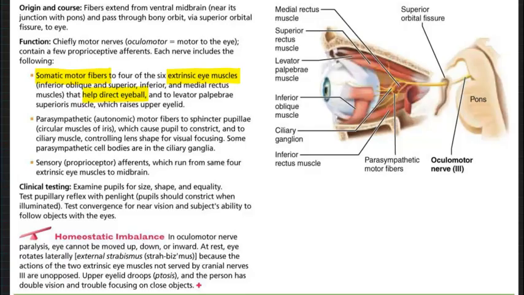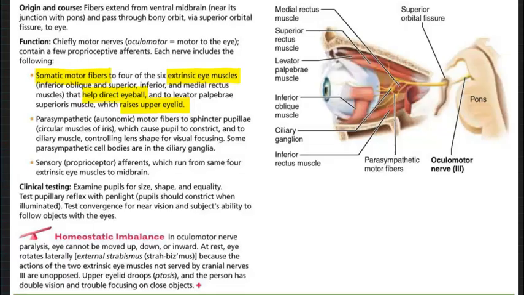Make sense? It also is responsible for raising your upper eyelid. Still motor, like I don't have to raise my eyelids. Well, I do, but I can keep them low, right?